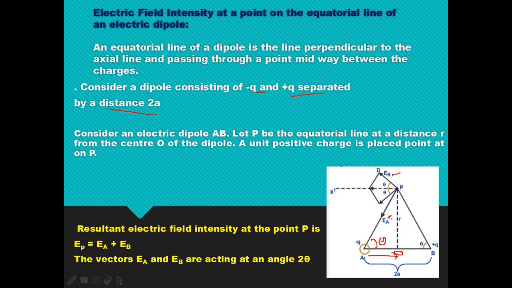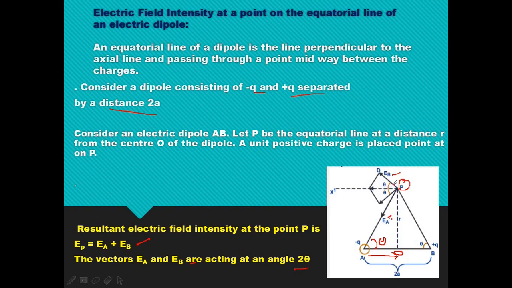Now the electric field at point P is the sum of the electric fields due to the charges at A and B. So the electric field at point P is equal to EA plus EB. The vector sum of EA and EB acts at an angle of 2 theta, where here is theta and here is also theta. The total angle is 2 theta.